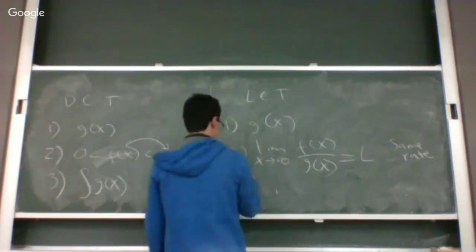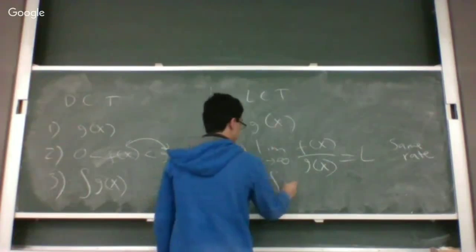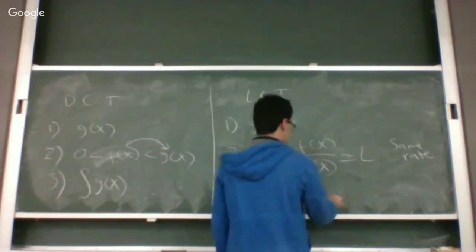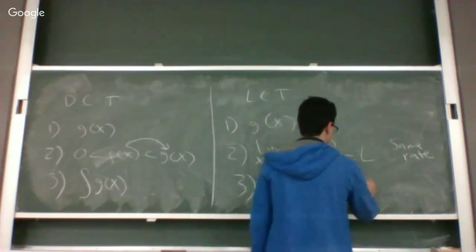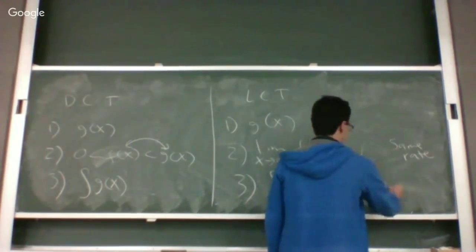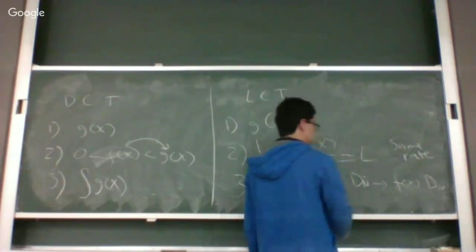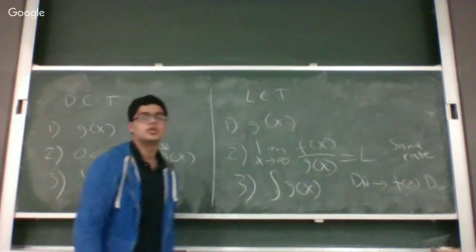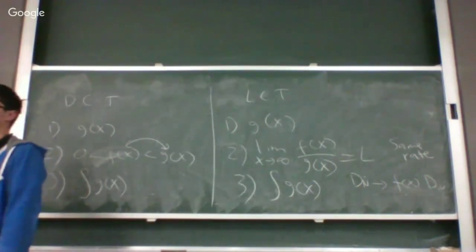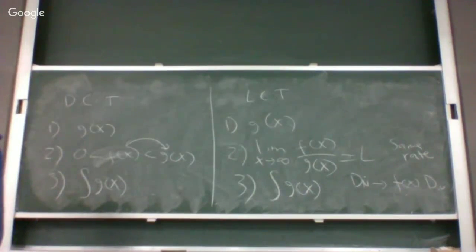And the third step would be the integral of g of x, and if that diverges, therefore f of x diverges, and versions of that. Any questions on that? Okay. That is pretty much it.